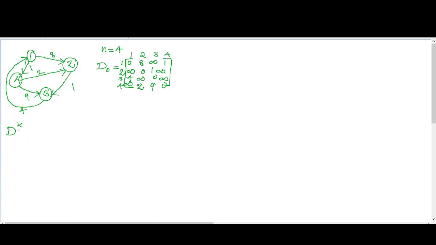The corresponding formula is dkij is equal to the minimum of dk minus 1 ij, then dk minus 1 ik plus dk minus 1 kj.